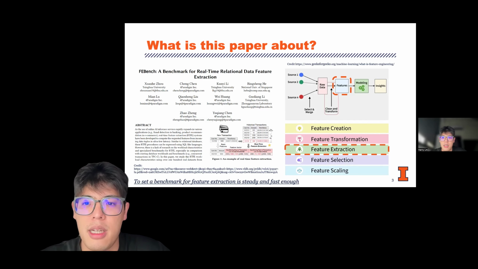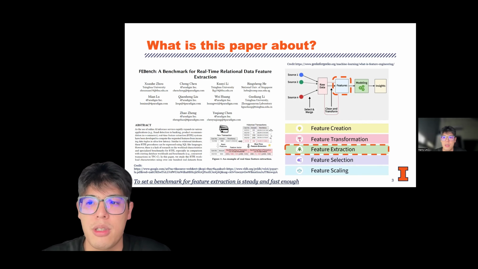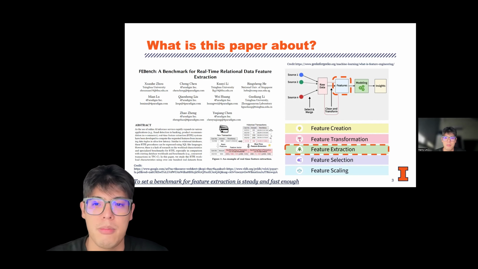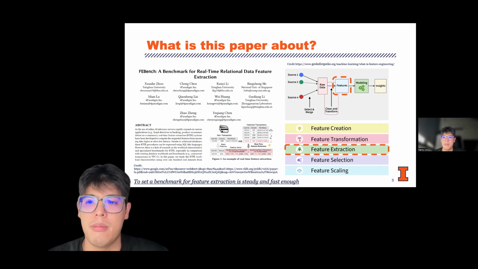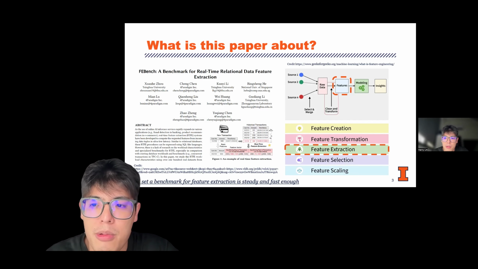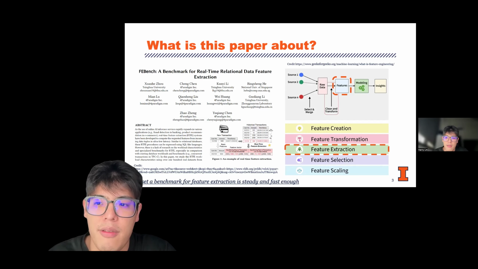It is a critical stage responsible for pulling features from the database, which is the foundation of AI inference, to make the AI model actually produce accurate predictions when data updates with new input. So what makes this paper so important is that the authors introduced FE bench, which stands as the very first benchmark specifically designed to evaluate this RTFE system.